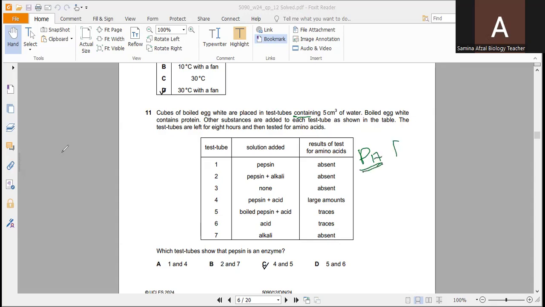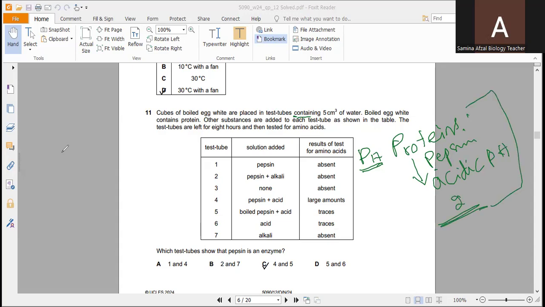That is, the proteins are digested with the enzyme pepsin in acidic pH, which is true in the stomach. So proteins are digested in the stomach. If only pepsin is there, the process will be very slow. Or if acidic conditions are not there, then there will be no breakdown of proteins into amino acids.